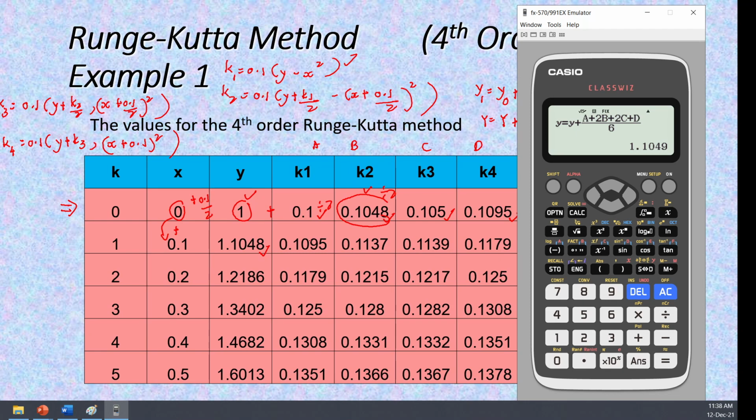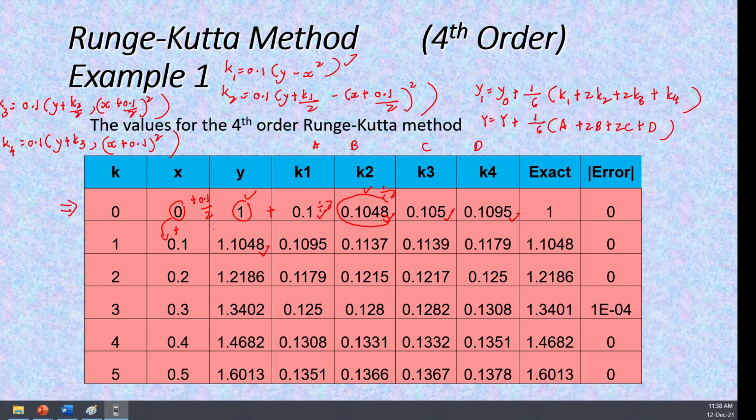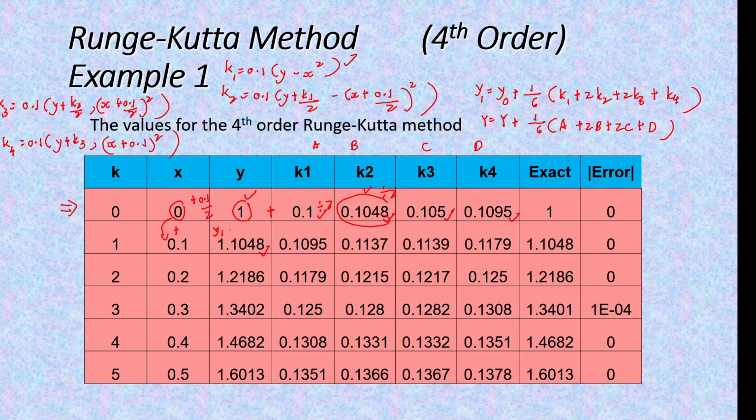And then to calculate y2, y3, y4, y5. This is y1. To calculate y2, y3, y4, y5, refer to the K notation there.